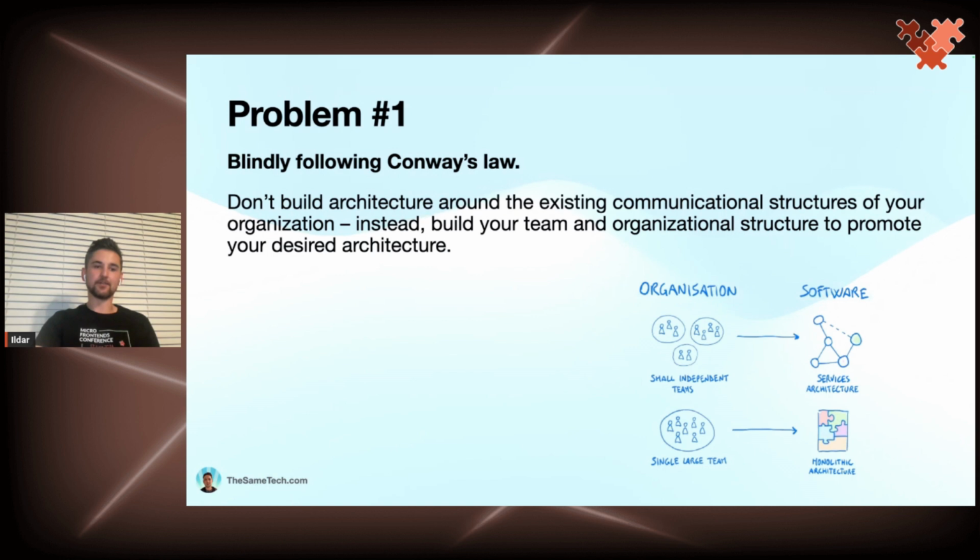The key here is not to let your current organizational structure dictate your architectural decisions. Instead, it's about shaping your team and organization structure in ways that promote your desired architecture. It's a shift from a reactive approach to a proactive one. And you need to remember that organizational structure should be a tool in the service of your architectural goals and not the other way around.